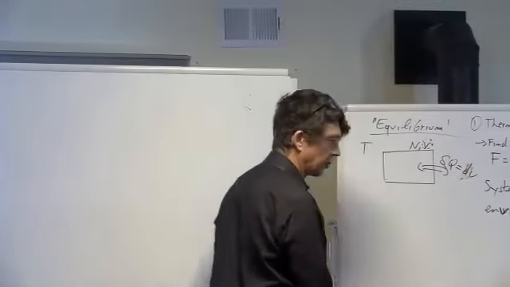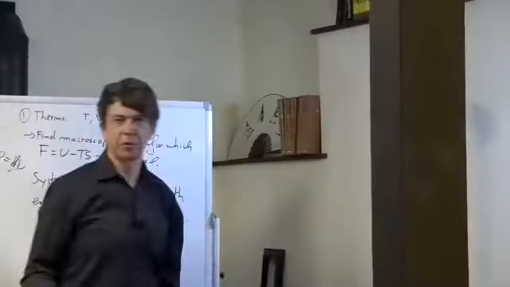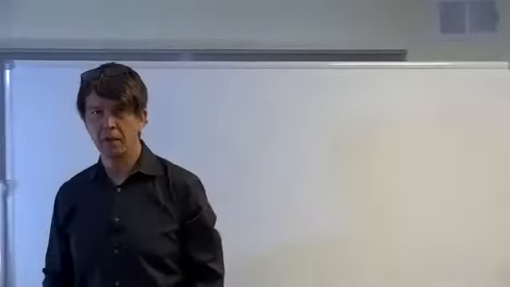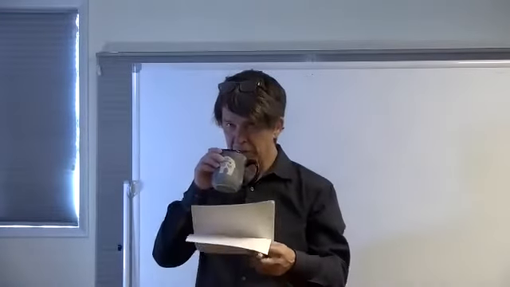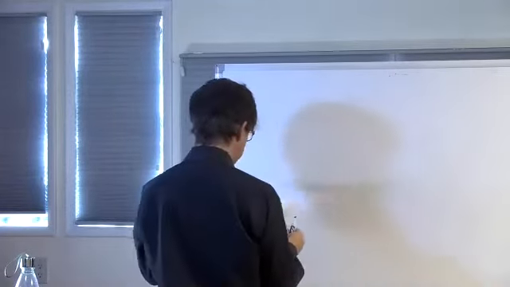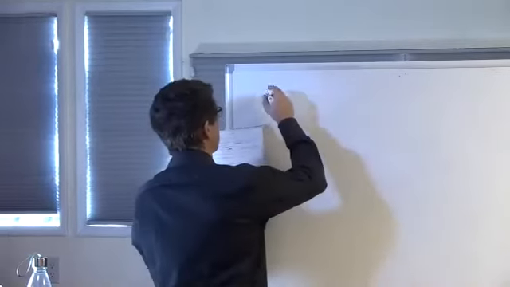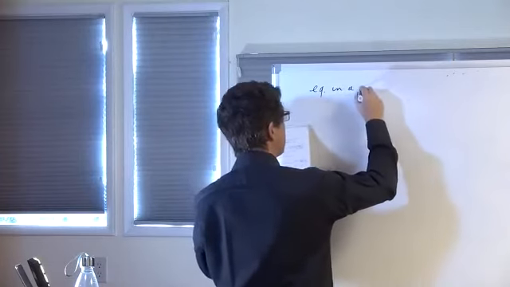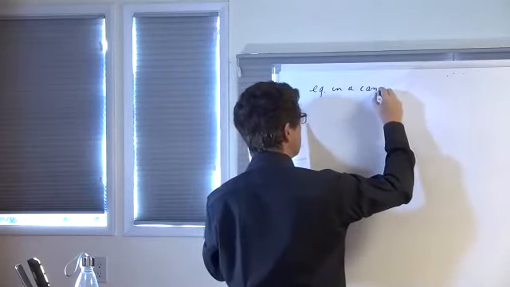The equivalent in statistical mechanics is always know what you're summing over. Sometimes you're summing over states, sometimes over distributions, sometimes over energies. So I'm going to do that today. I want to ask about equilibrium in a canonical ensemble.